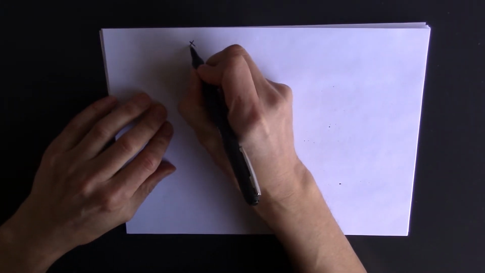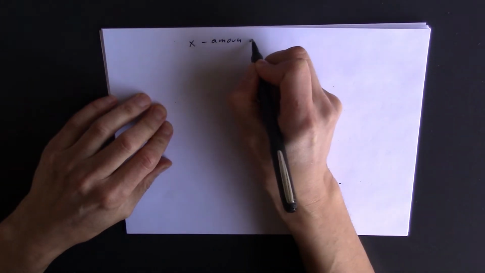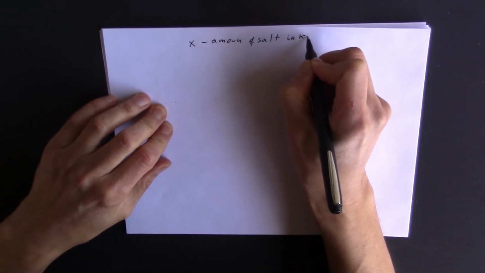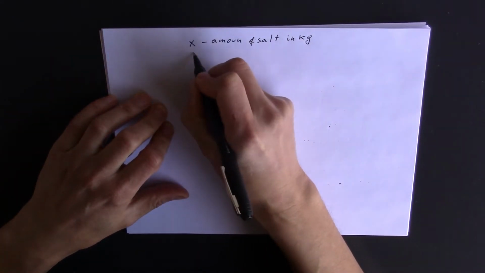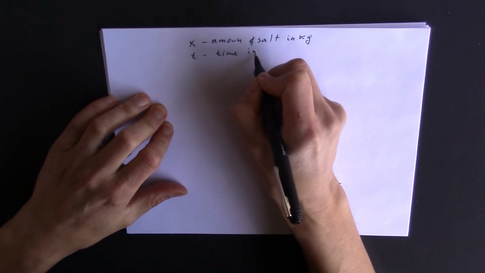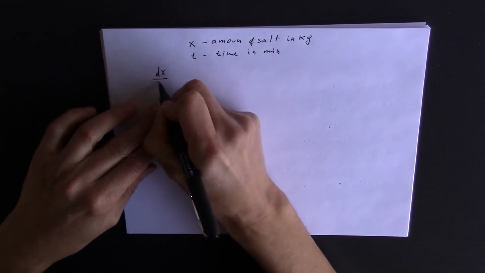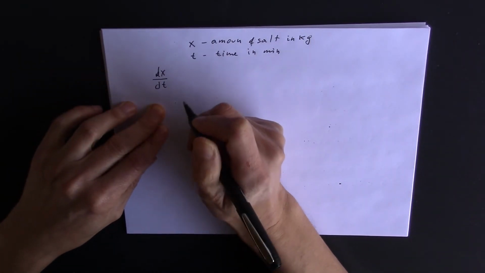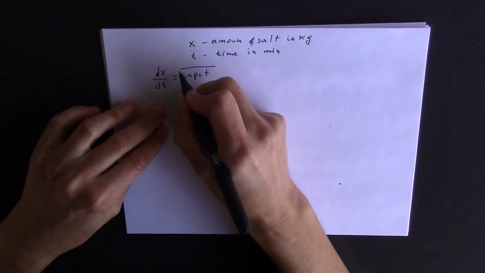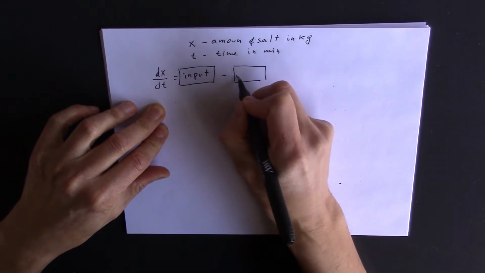We're going to use x for the amount of salt in the tank in kilograms, and t for time in minutes. Then dx/dt, the derivative of x with respect to t, equals the input, how much salt is coming in, minus how much salt is leaving, the output.